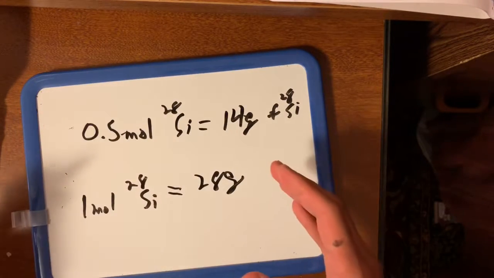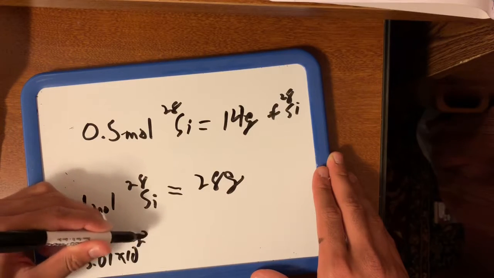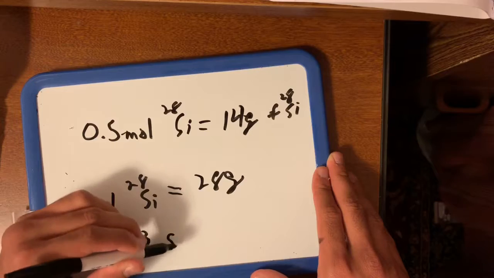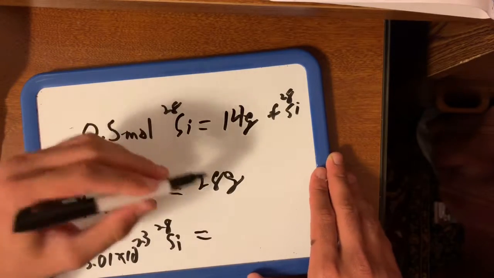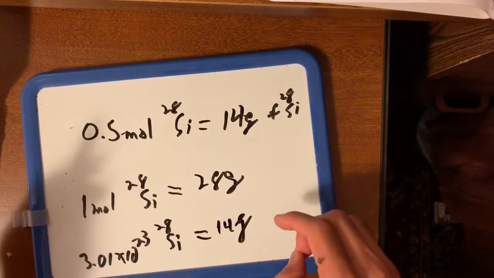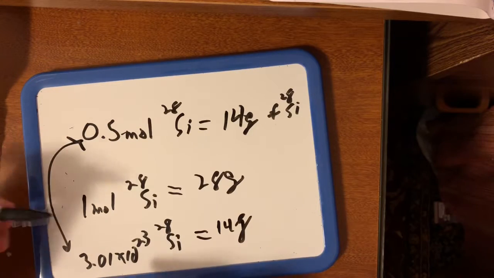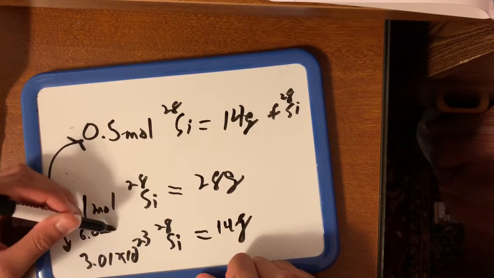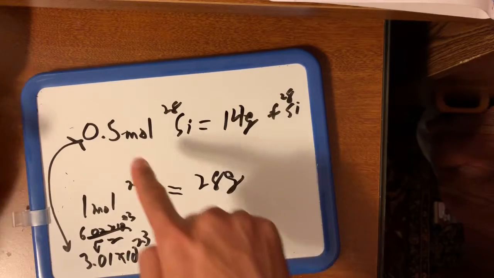So if you had half a mole, or 3.01 times 10 to the 23rd atoms of silicon 28, you would have 14 grams. These two are the same thing. The way I got this number was I took 6.02 times 10 to the 23rd and divided it by 2, because I had 0.5 mole.